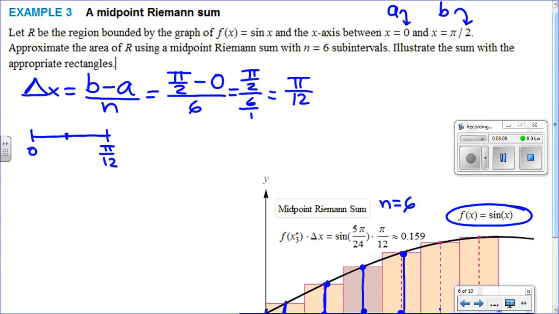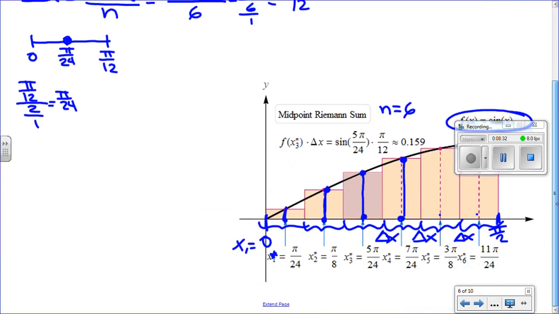How do we calculate midpoints, or average them? You add them, and then divide by 2. Pi over 12 divided by 2 is pi over 24. So that will be our first midpoint, and you can see it on the drawing.